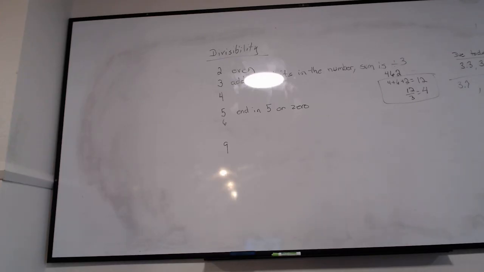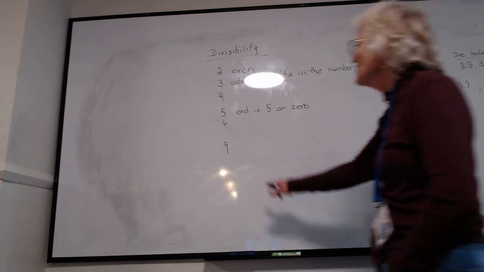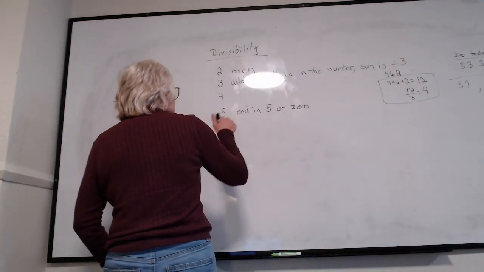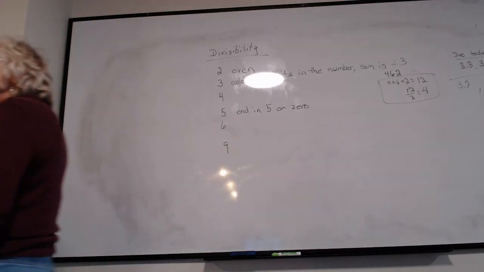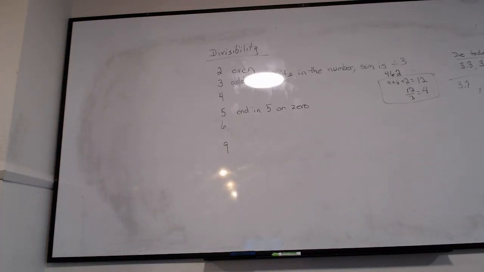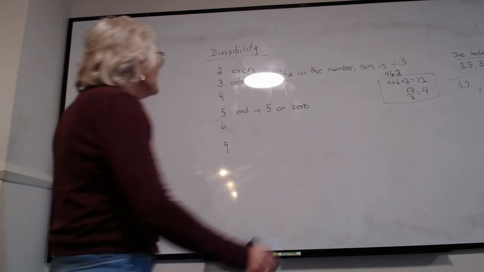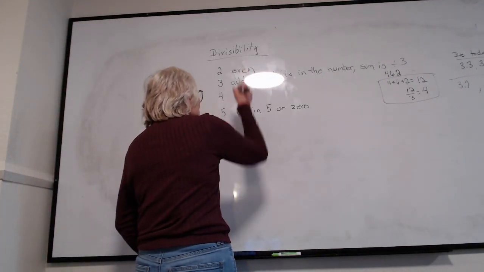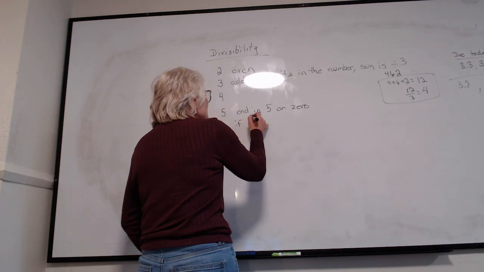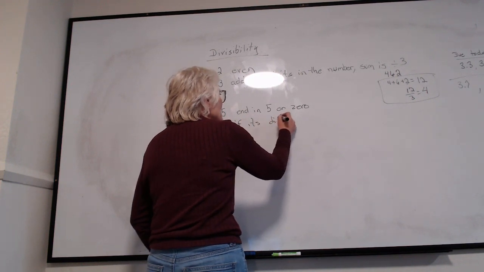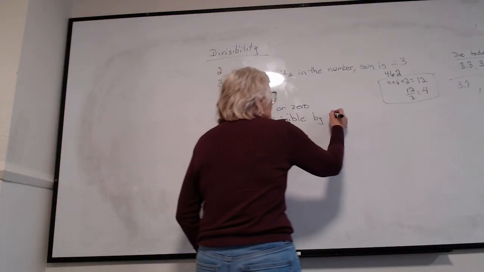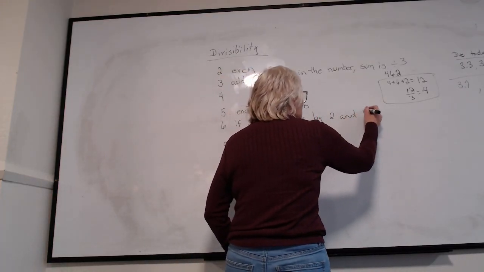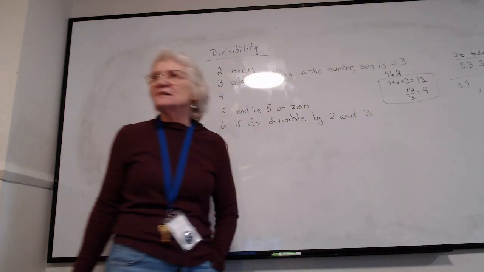How would I know if a number is divisible by 6? How do you think I would know? 2 or 3? Yeah, if you check 2 and 3, if it's divisible by 2 and 3, then it's divisible by 6.